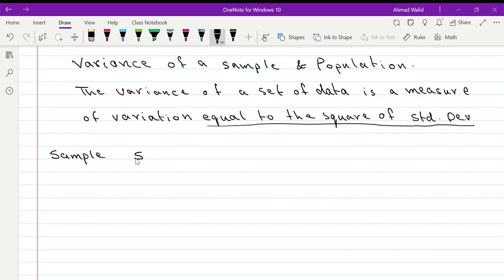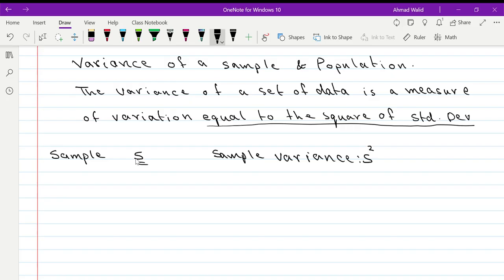If I want to find the sample variance, after I found the standard deviation, I will just square it. s squared will be your variance, correct?